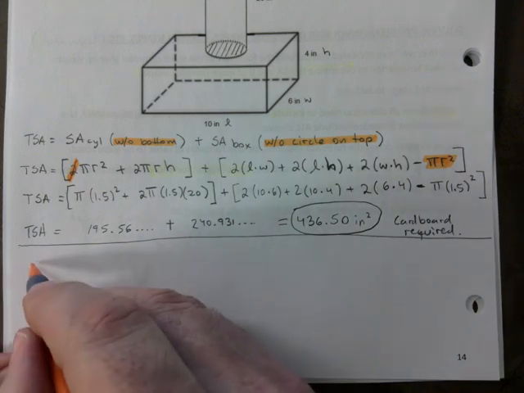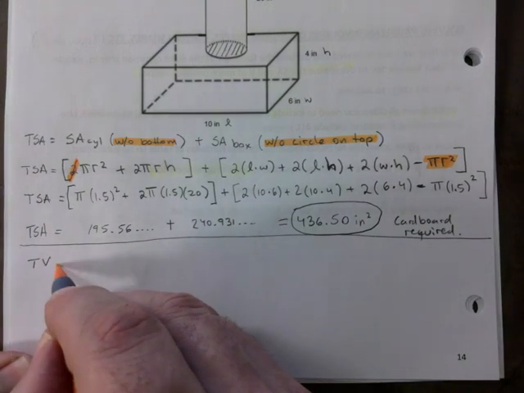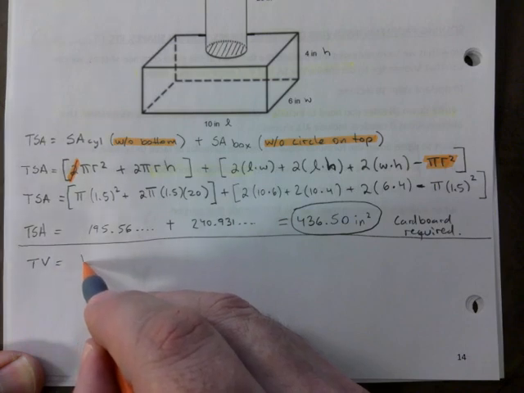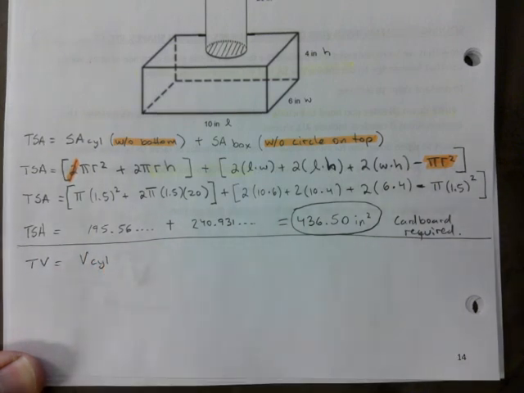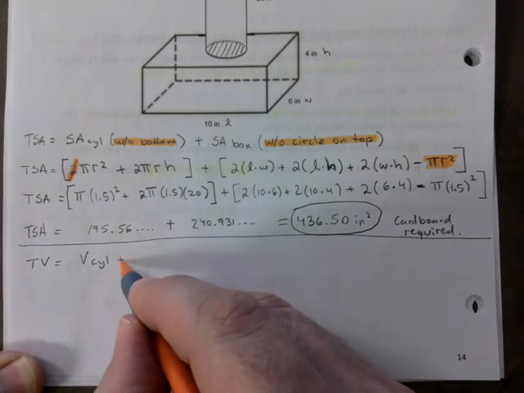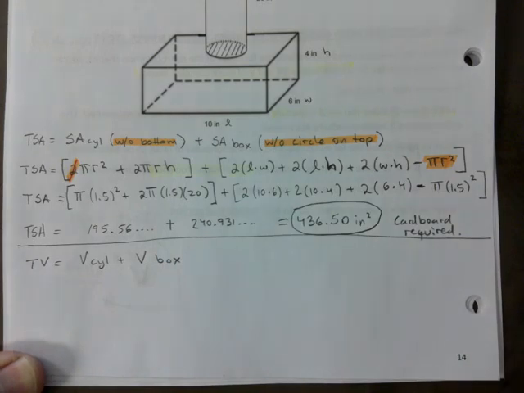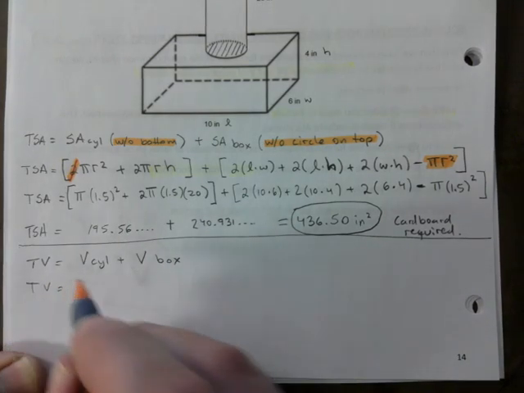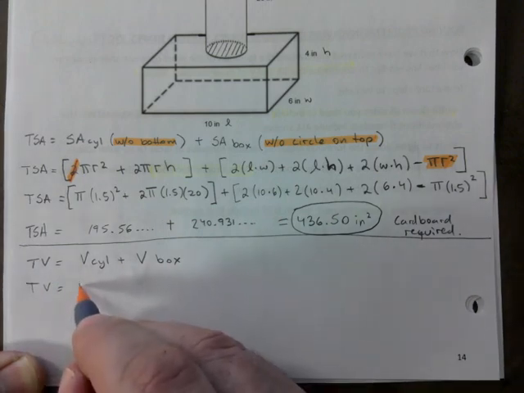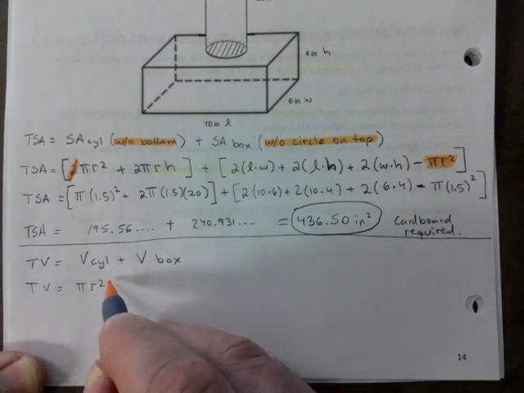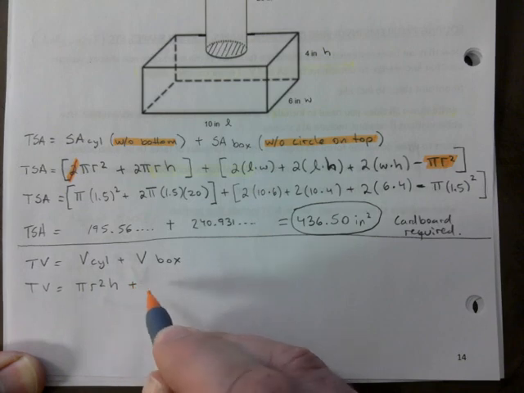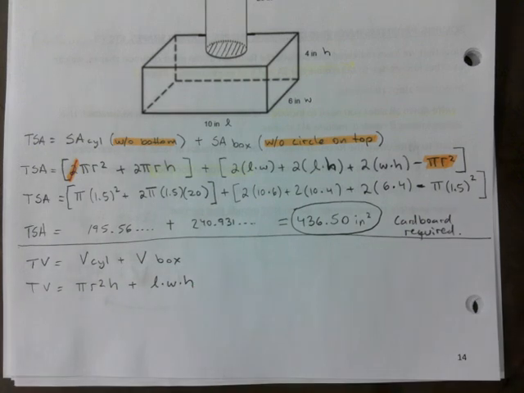Total volume will just be the volume of the cylinder, and you can use whatever abbreviation you would like, I'm not picky with that, plus volume of the box. The volume of the cylinder is pi r squared h, plus the volume of the box, which is just length times width times height. That's all there is to it.